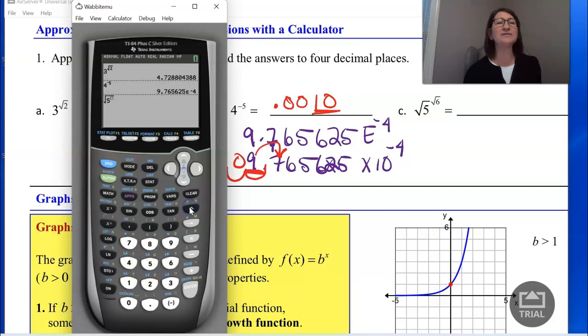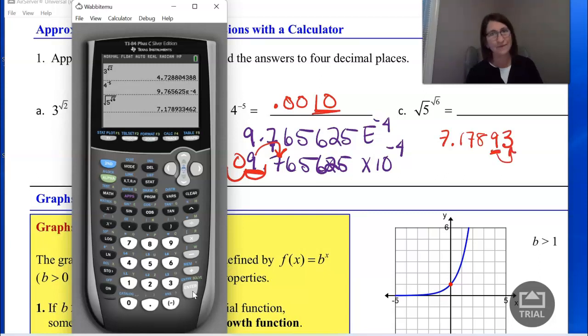It doesn't matter if your exponent is inside or outside, so I can leave it there, to the square root of 6. Enter. And that gives me 7.17893. So the 4th digit is the 9. I look to the 3, which is less than 5. So that means I leave this as 7.1789.